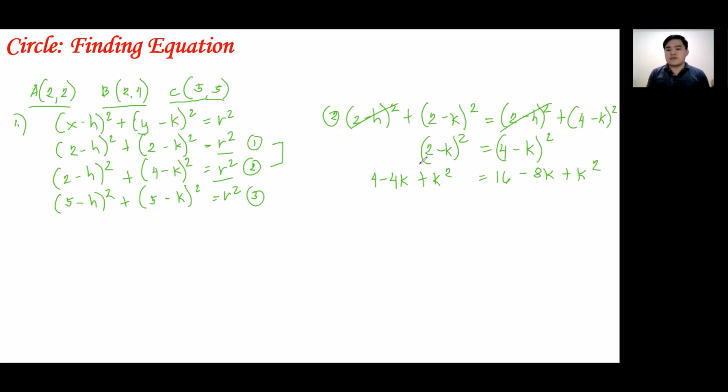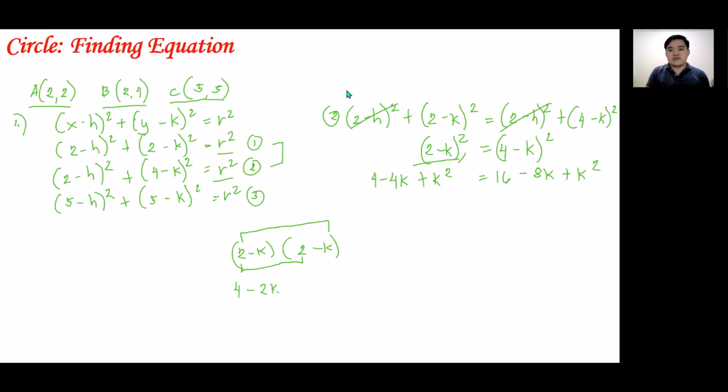Okay, are you familiar with the FOIL method? We're going to solve this using the FOIL method. So that is (2 minus k) multiplied by (2 minus k), simply because that is raised to 2, right? So again, FOIL method: that is the first term, so that is 4, minus the outer term, so that is 2k. Next is our inner term.